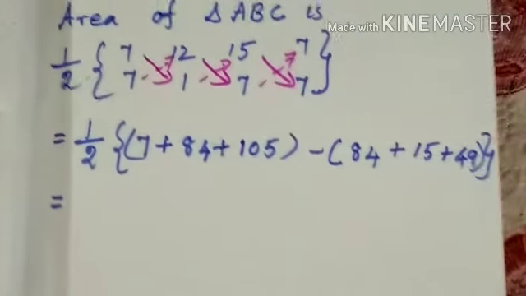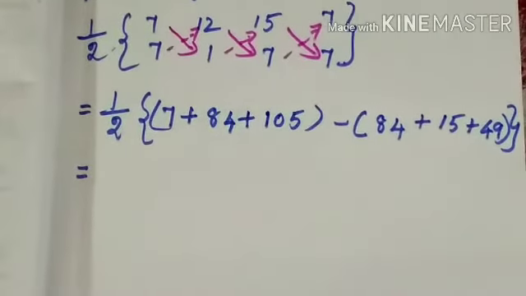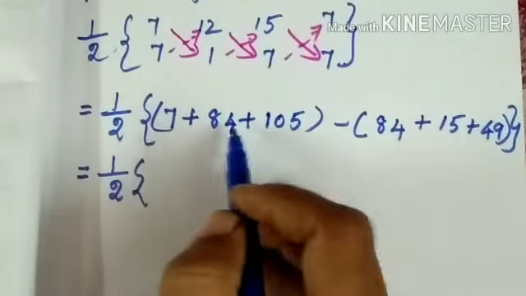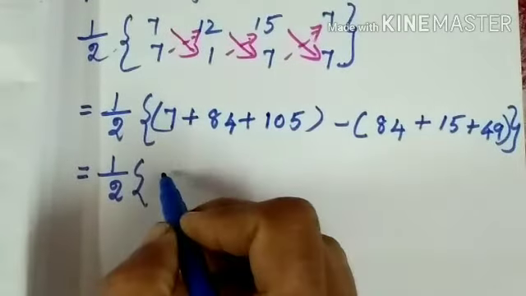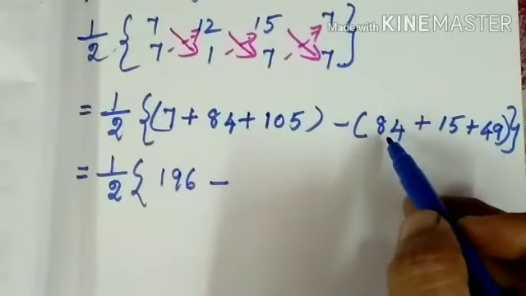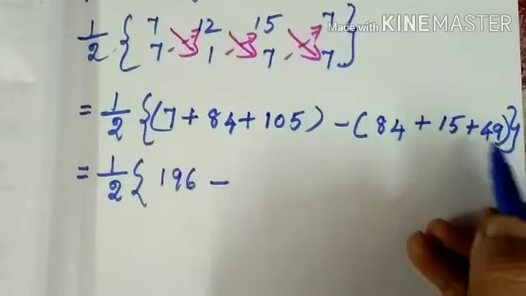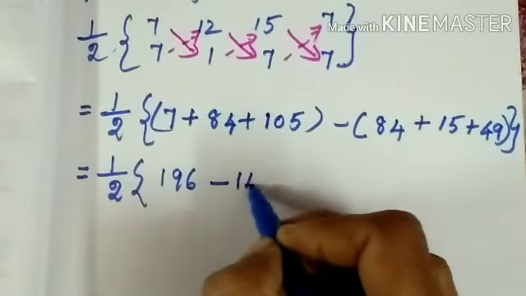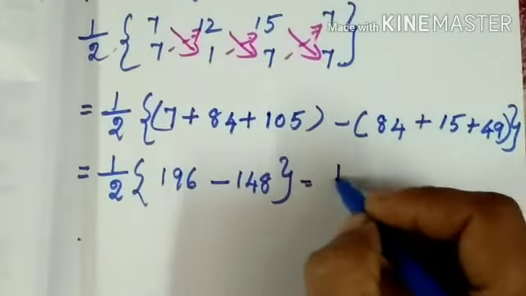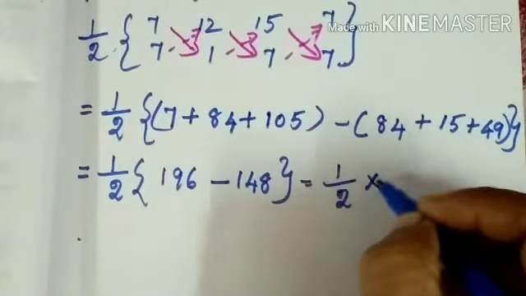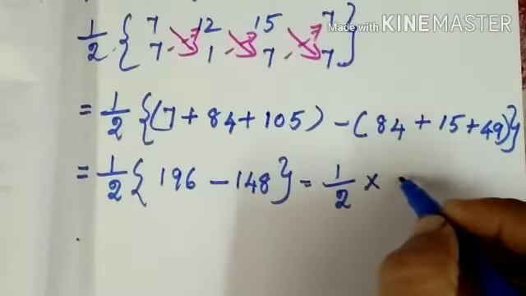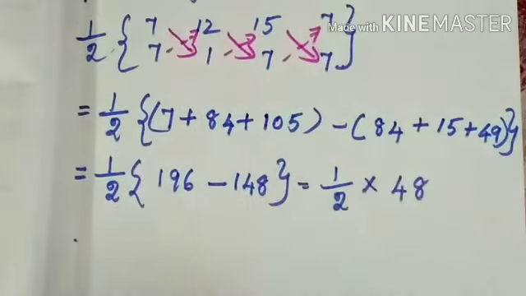Now you have to simplify this, means we get half into 7 plus 84 plus 105, 196, minus of 84 plus 15 plus 49, we have 148. Again you simplify, means we get half into 196 minus 148, we get 48.